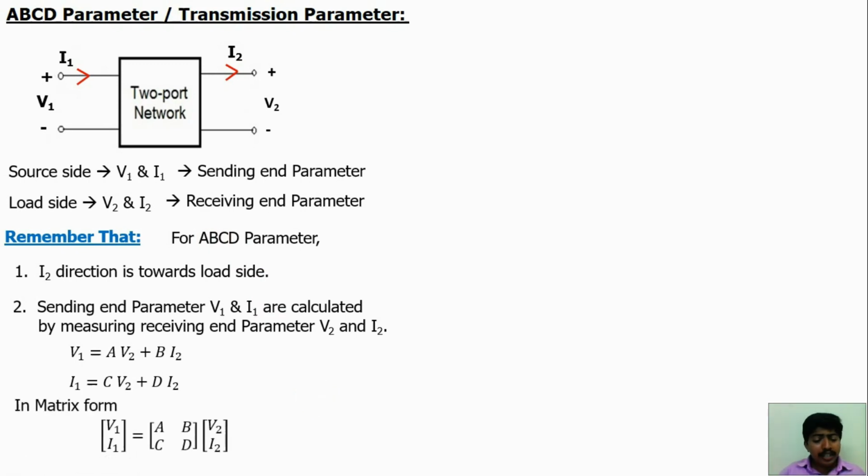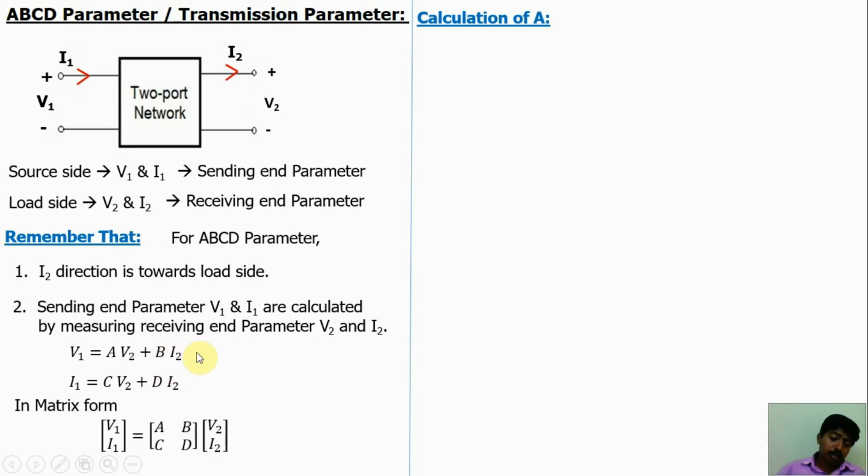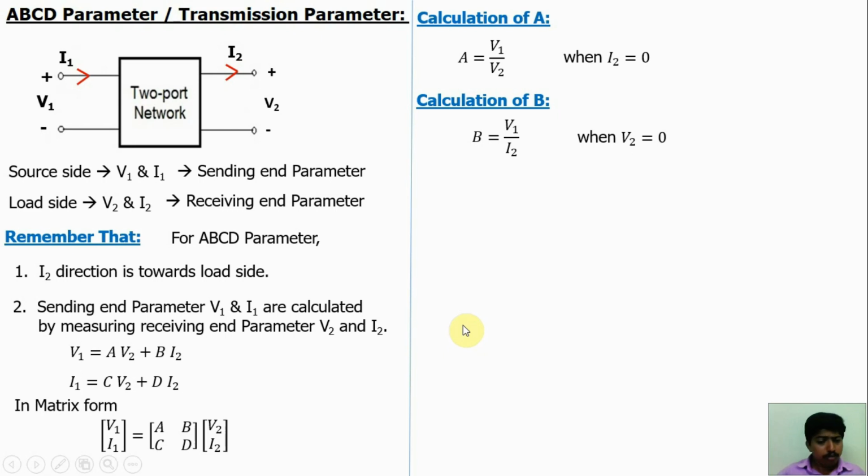How to calculate the A parameter? From this equation, if I2 is equal to 0, A is equal to V1 by V2. How to calculate the B value? If V2 is equal to 0, V1 by I2 is equal to B. Then how to calculate the C parameter?